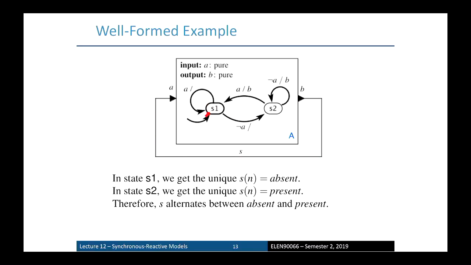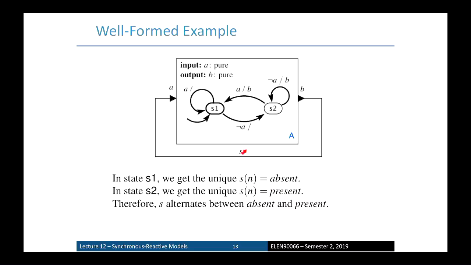Now, if the output's absent, it also happens to be the input A. So if the output B is absent, it also means that A is absent, and therefore this transition will occur, and very importantly, the output stays absent. Okay? So for state S1, we know that the fixed point of S, the feedback, is going to be absent.